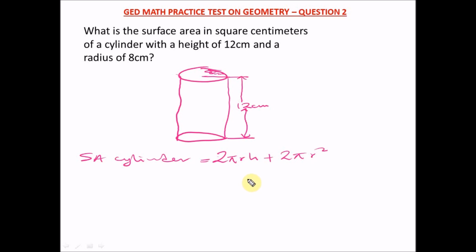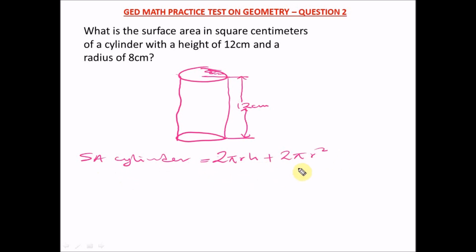Okay, and during your GED test, you'll be given a formula sheet, and all these formulas will be on the sheet. So you don't need to bother about cramming, but you can just know this by heart. But you're going to be given a formula sheet where you are going to have all those formulas.